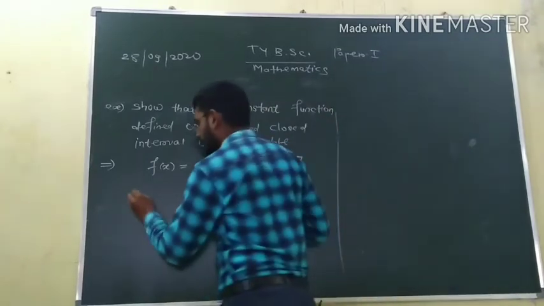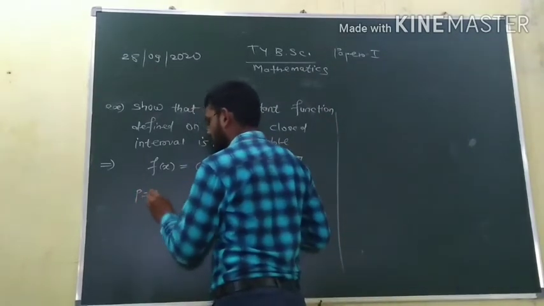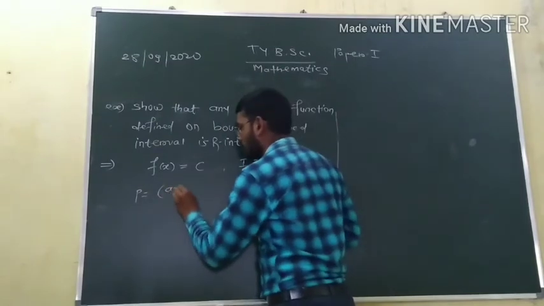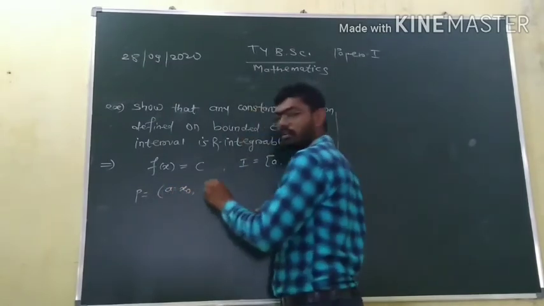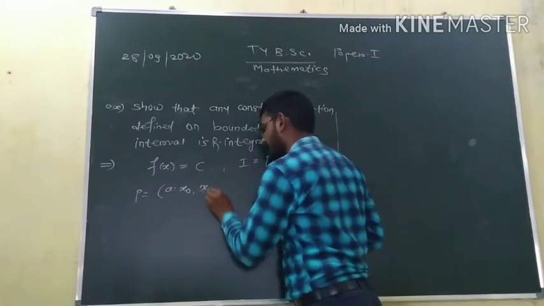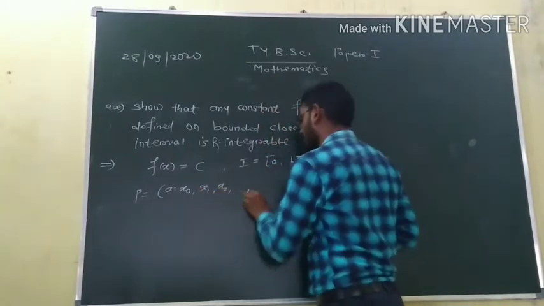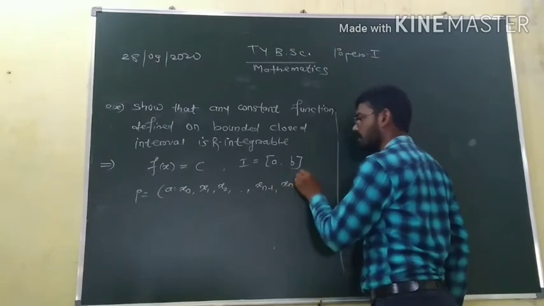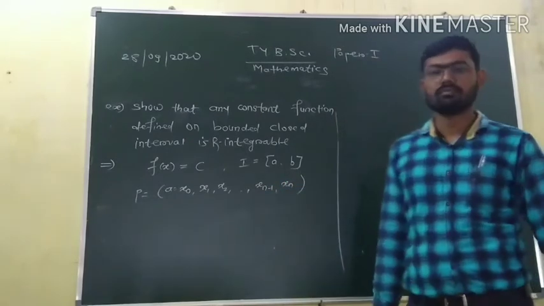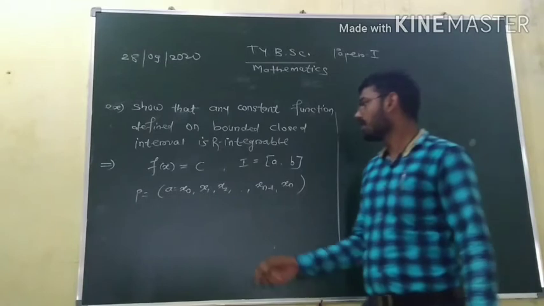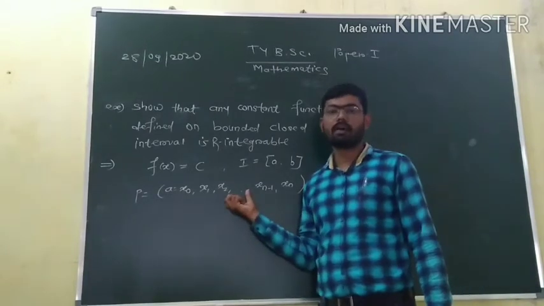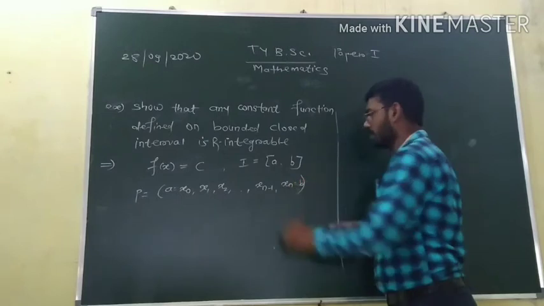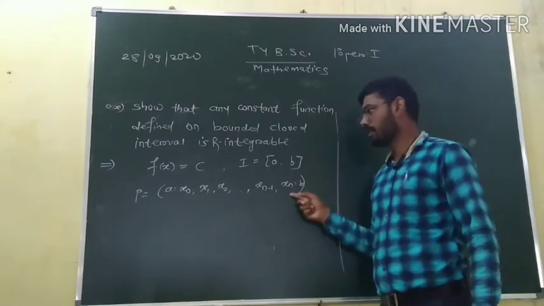So take partition P = {x0, x1, x2, up to xn-1, xn}, where the first point is a, which we write as x0, and xn is nothing but the last endpoint b.